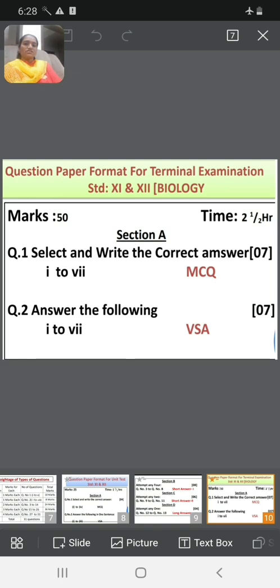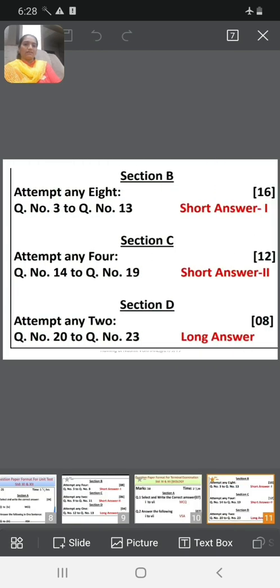Here in section A there are 2 questions. First is multiple choice questions, 7 of them, and in question 2 there are 7 very short answer questions, 7 marks, means 7 and 7, total 14 questions. 14 marks are for section A.